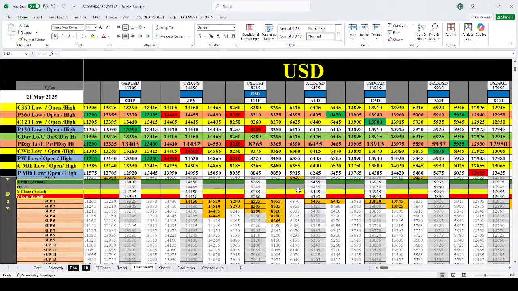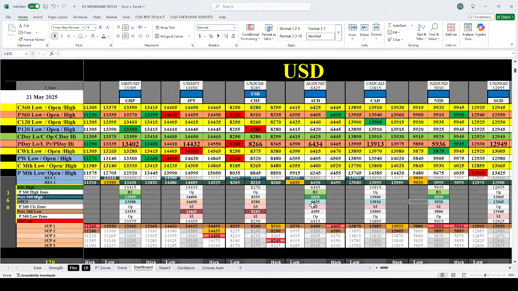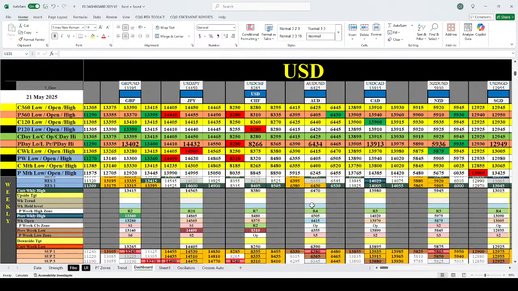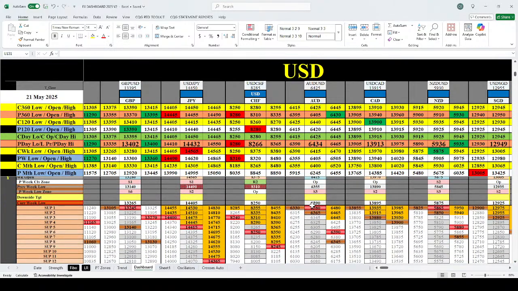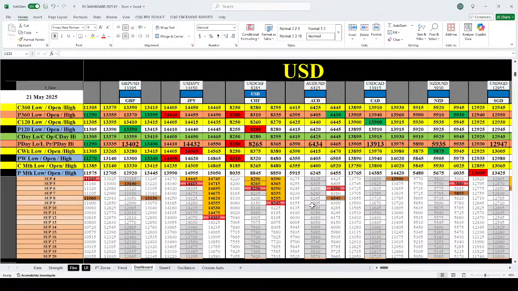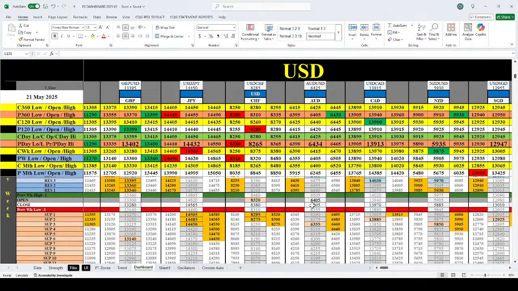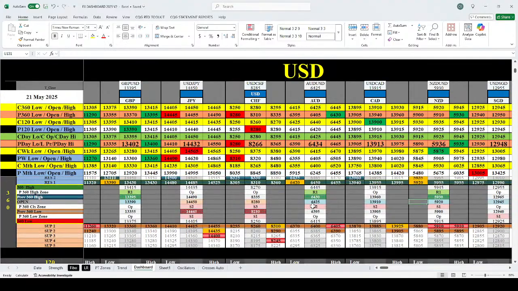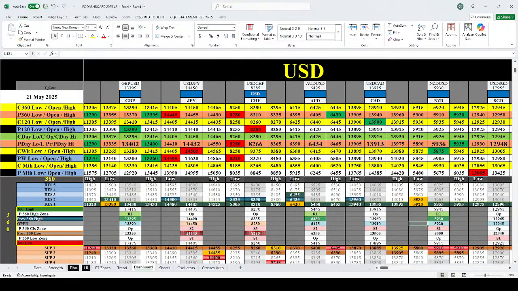This is what the system is telling us. Based on the weekly, we should see the price turning at 82.40 or 82.05. So I'm going for a buy near these levels.